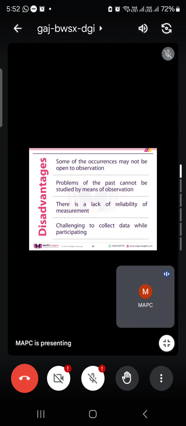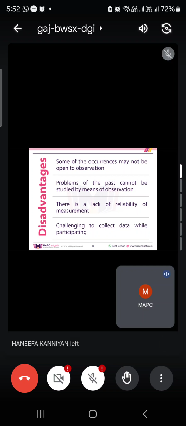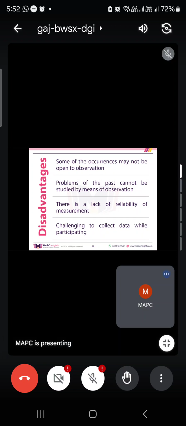I can observe the present only. I can't observe the past or future. As observations are not free from bias, there is a lack of reliability of the measurements, and it is challenging to collect the data while participating.